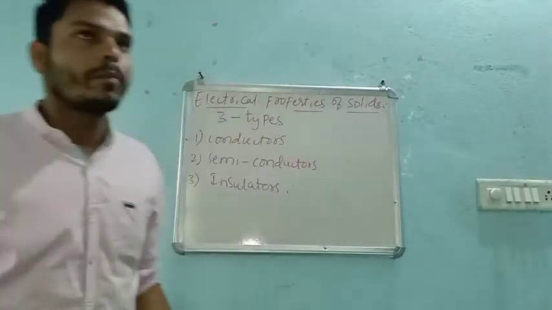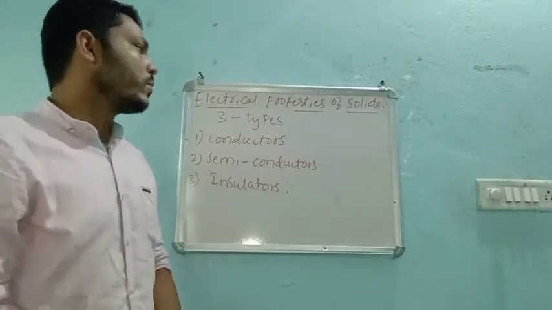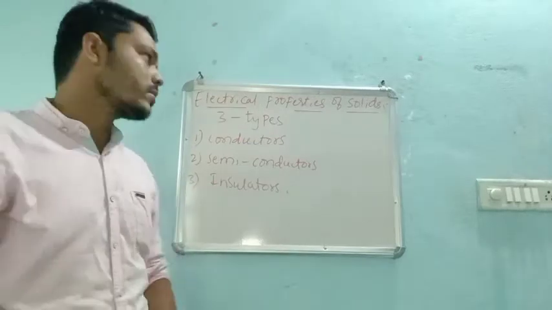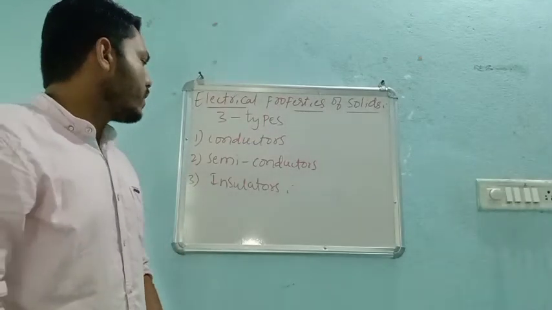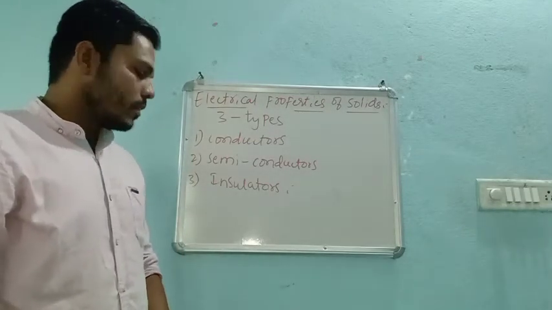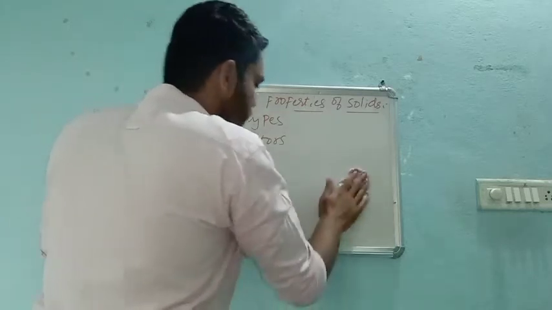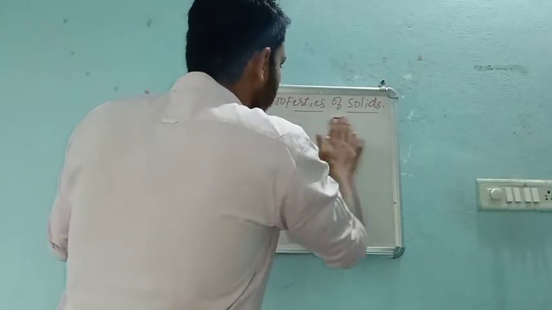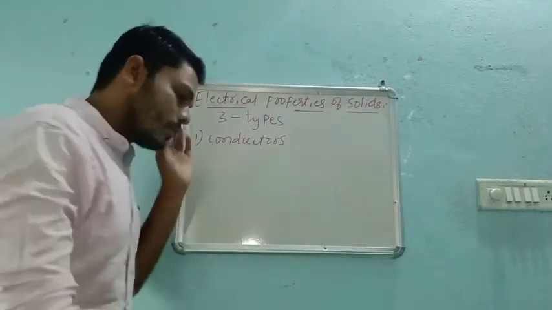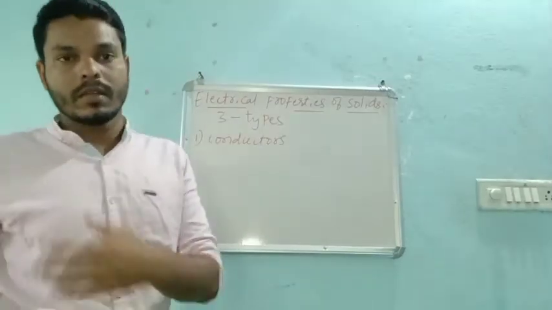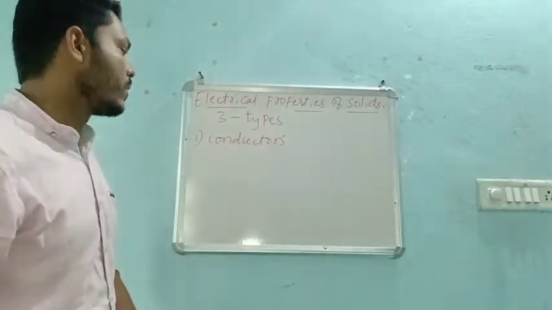These are the three types shown by solids. First we will study the conductors. No need to explain more about this, because you studied these not only in first year, but in your lower classes also.